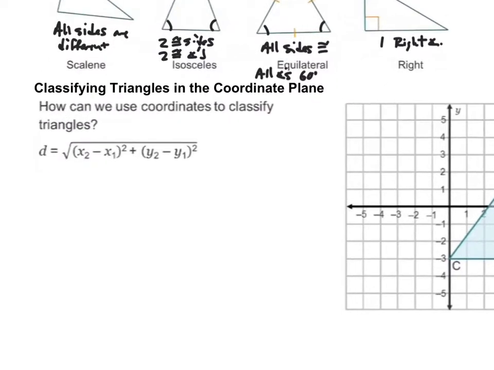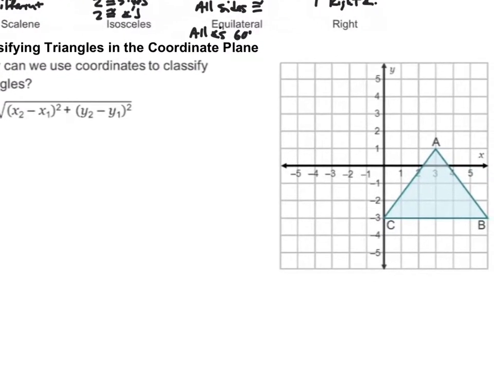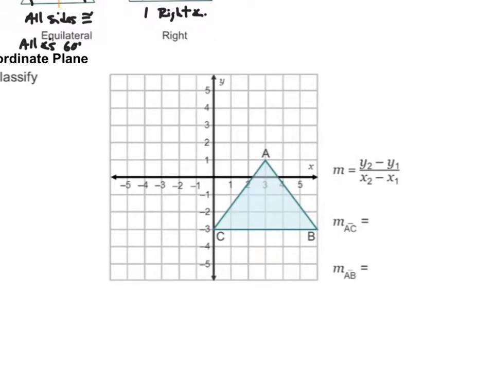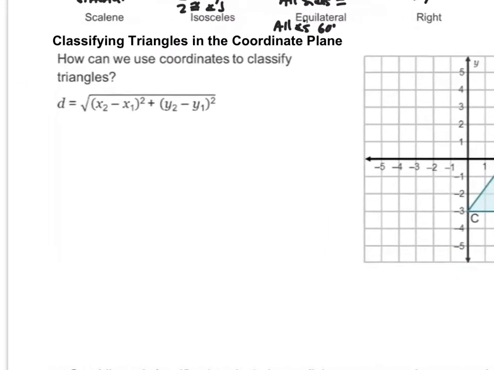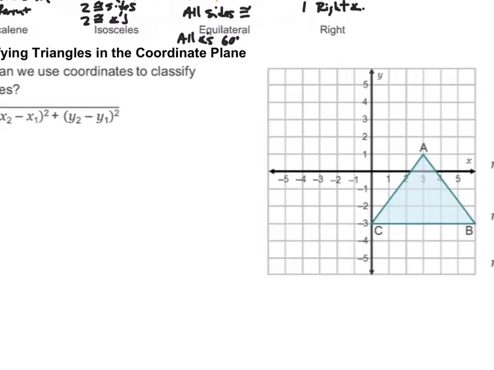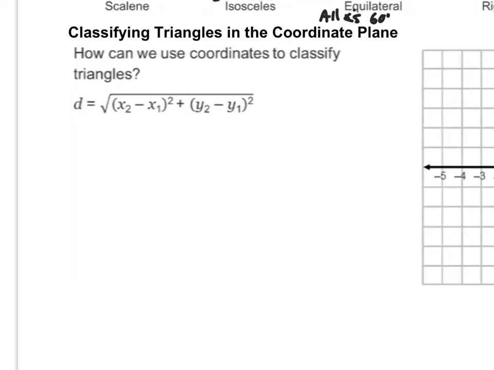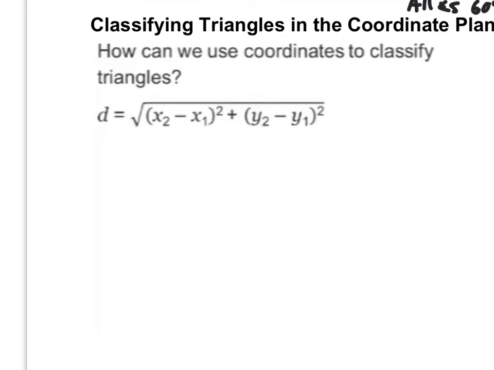So what I want to do is classify this triangle to see what we have, and let's take a look at the lengths on here. We use this thing called the distance formula, which is just derived from the Pythagorean theorem.